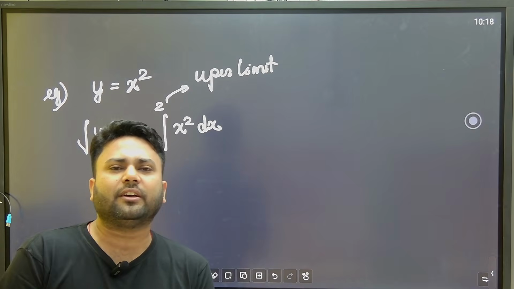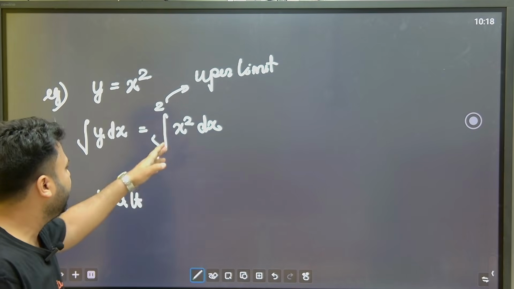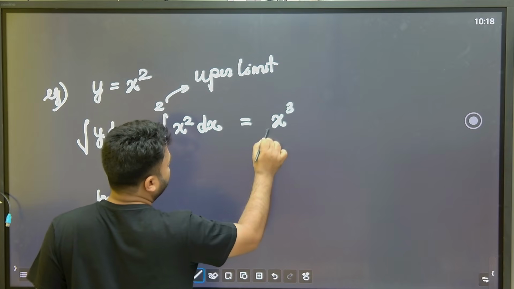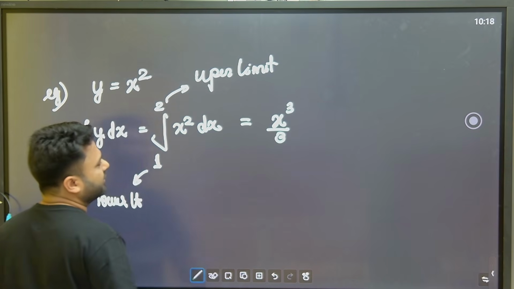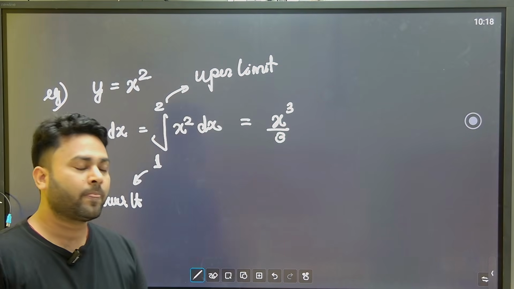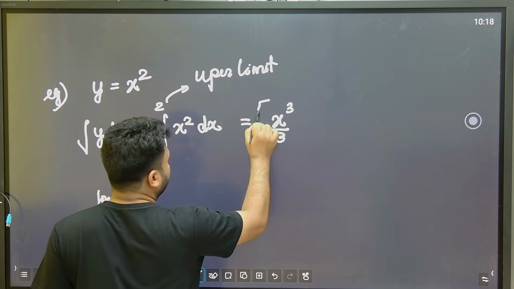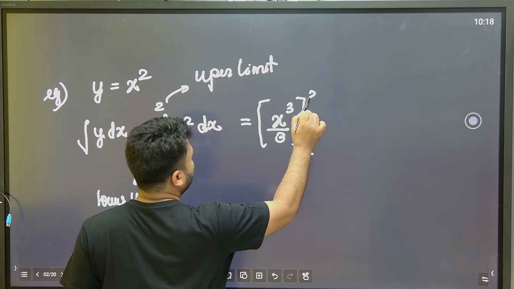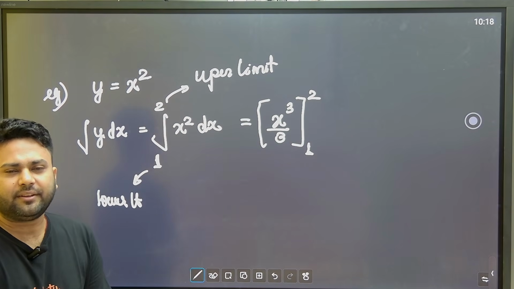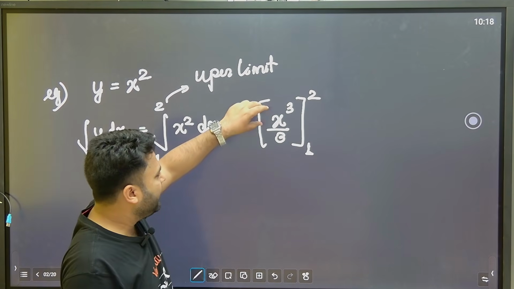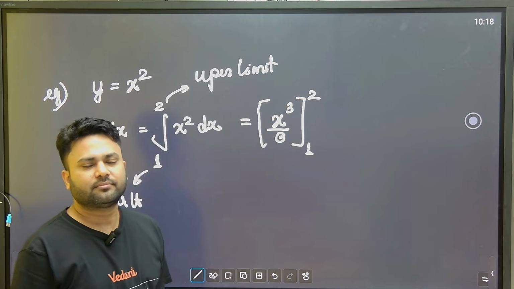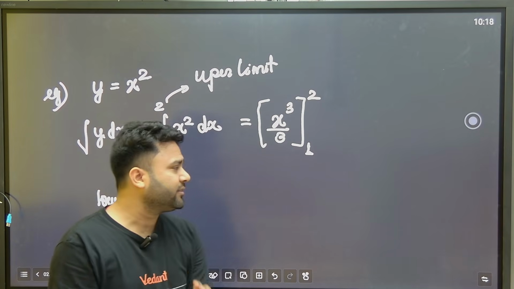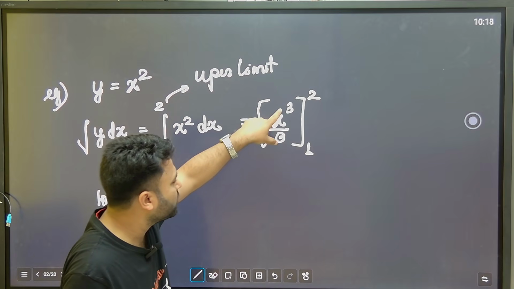Now first you forget about this limit. You find what will be the integration of x square. So integration of x square will be power you add 1. So x cube by same number here 3. This will be the integration. Now you set the limit. This is 1. This is 2. Now how to set the limit? First in place of x you put 2 and see what it is coming. Then you put minus. Then in place of x you put 1.